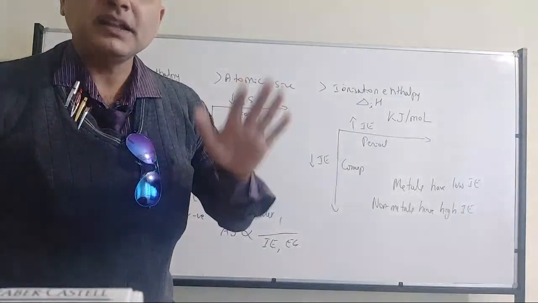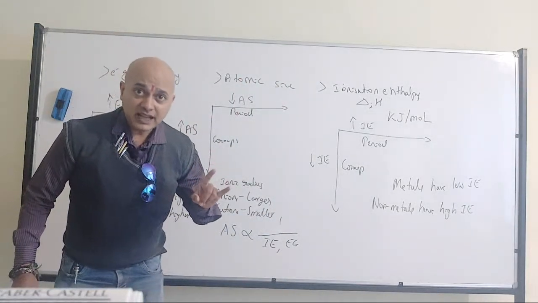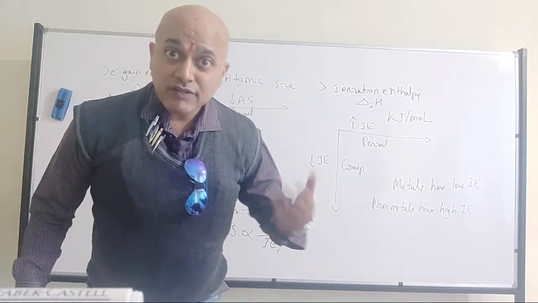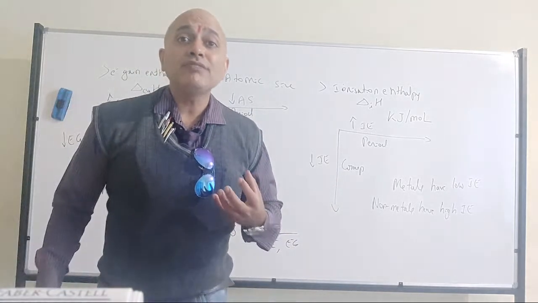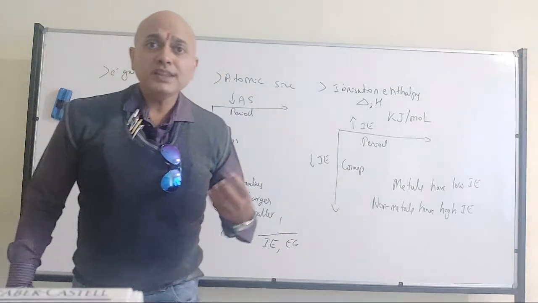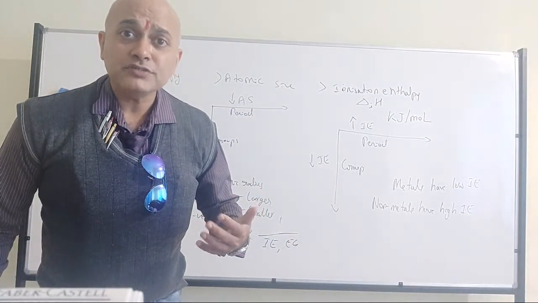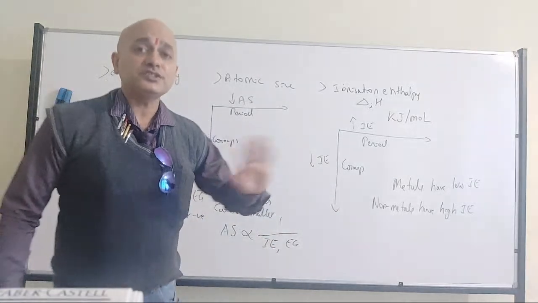But please remember, once again I am repeating, electron gain enthalpy will be increased in the sense that the negative value will increase. I am not talking about the values. If you go with mathematics, as the negative value increases, that shows that the value of that integer is decreasing. That is a different story.